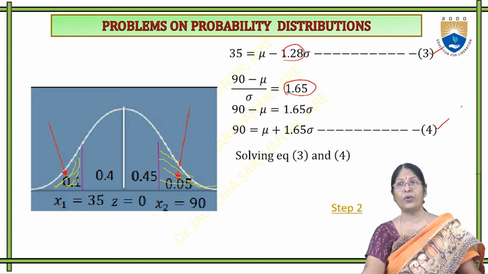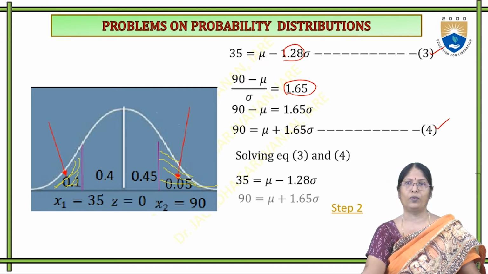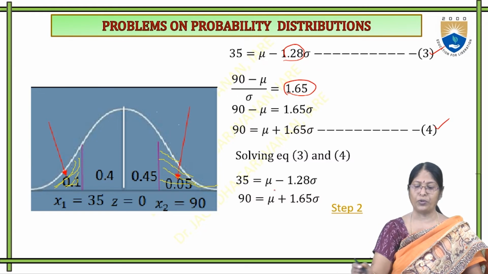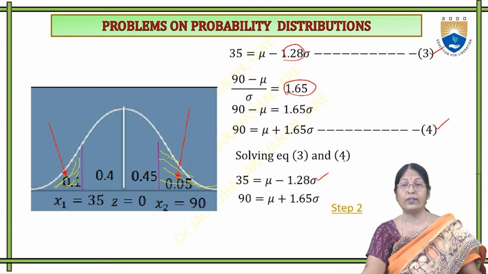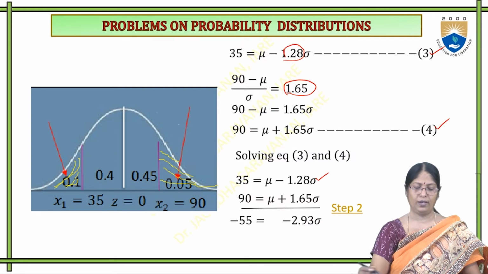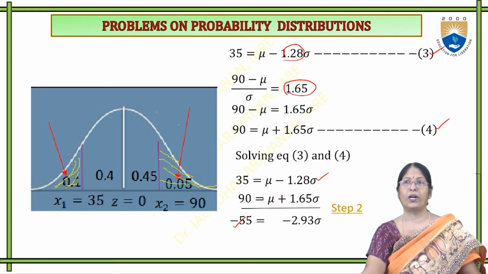So equations 3 and 4 we can solve. 35 equal to mu minus 1.28 sigma, 90 equal to mu plus 1.65 sigma. Taking the opposite signs and cancelling, minus 55 equal to minus 2.93 sigma, so sigma is 18.77.